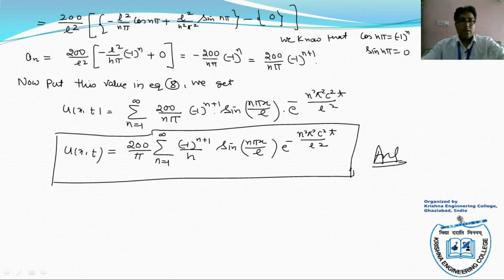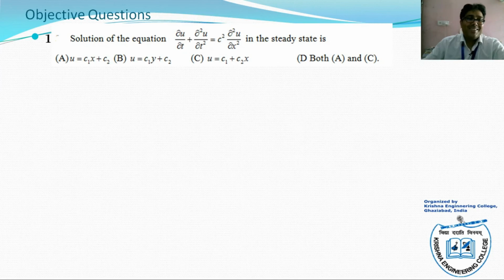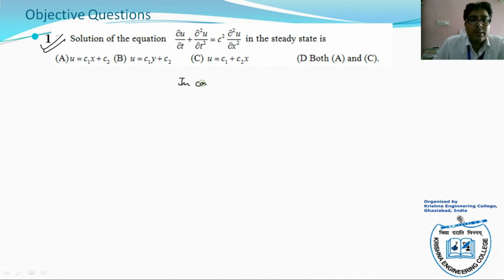Okay, I hope you understand this problem very well. Now, objective problems. In the case of steady state condition, we know that all the derivatives of u with respect to t are equal to 0. That means del u over del t is equal to 0, del square u over del t square is 0.